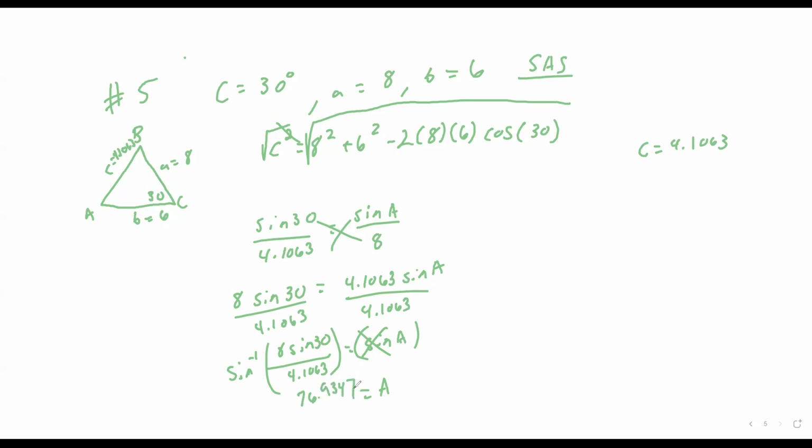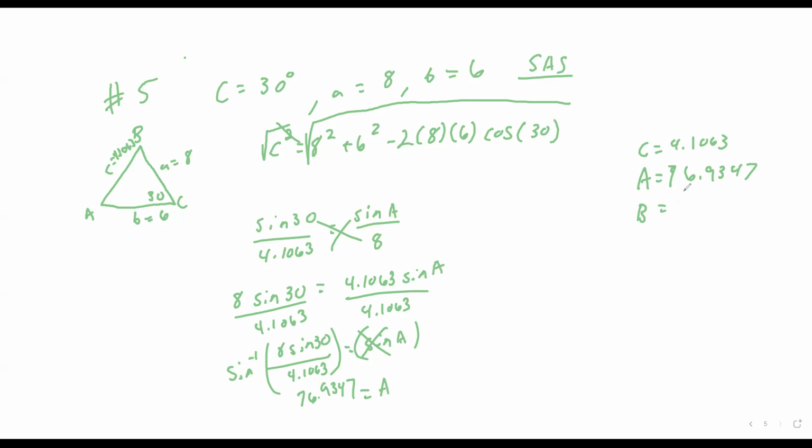And again, on the homework, they went to 4 decimal places. So angle A, again, is 76.9347. And now to find angle B, I just need to add this to my other known angle. So in my calculator, I will do plus 30 and then take 180 minus that answer.